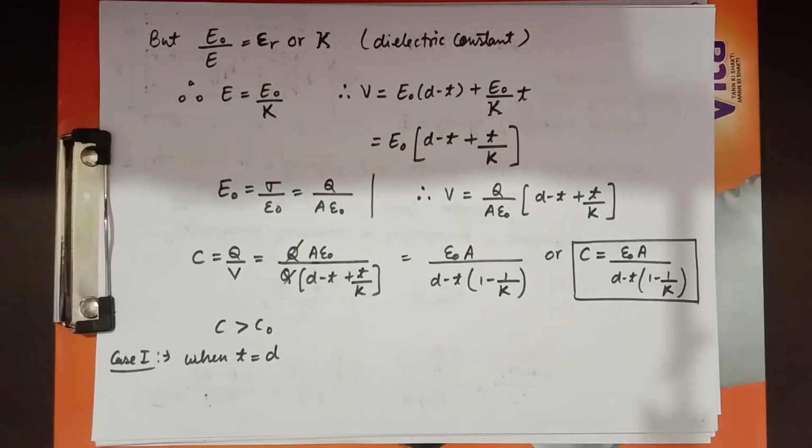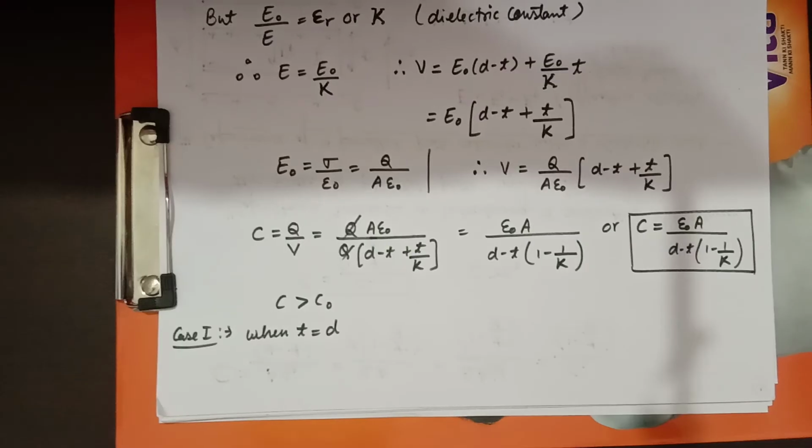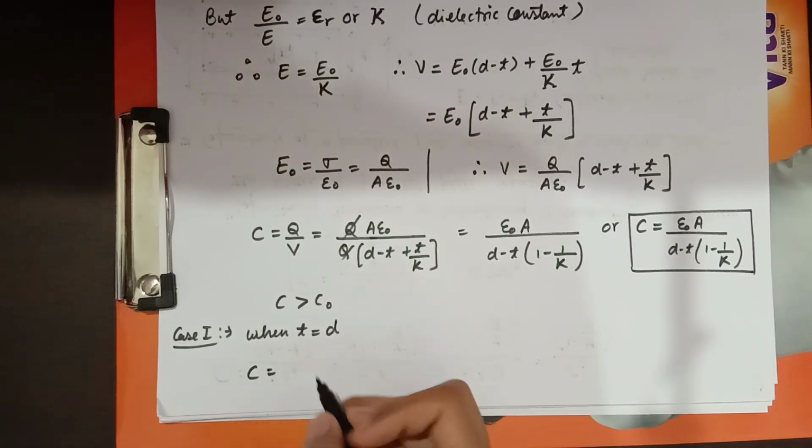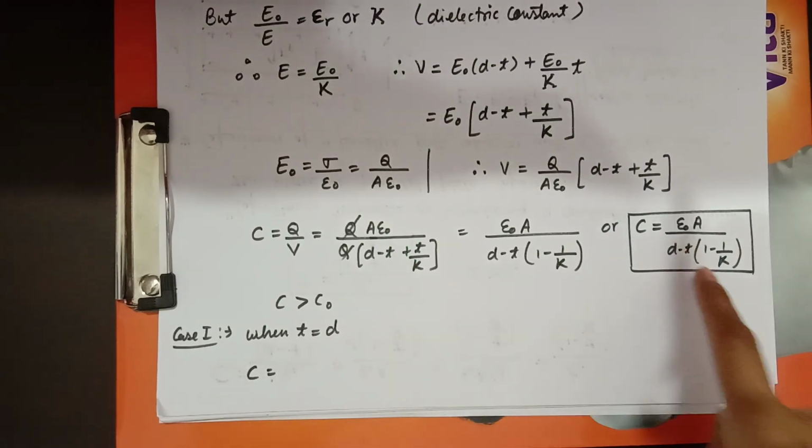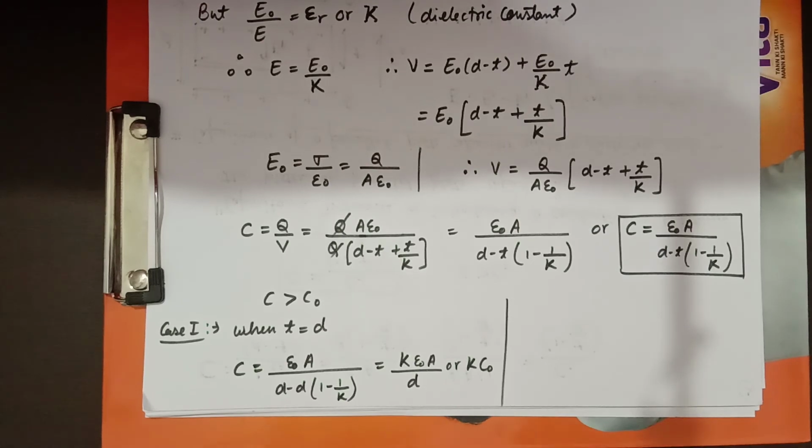Now we will see two cases. Case number 1, when T is equal to D, means when the dielectric slab fits completely between the plates of a parallel plate capacitor, then we put T equal to D in this equation, so C is equal to K epsilon naught A divided by D. As epsilon naught A divided by D is equal to C naught, C is equal to K C naught.